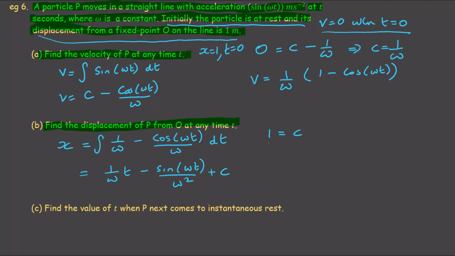So c is equal to 1, and therefore x is going to be 1 over ω t take away sin(ωt) over ω squared plus 1.